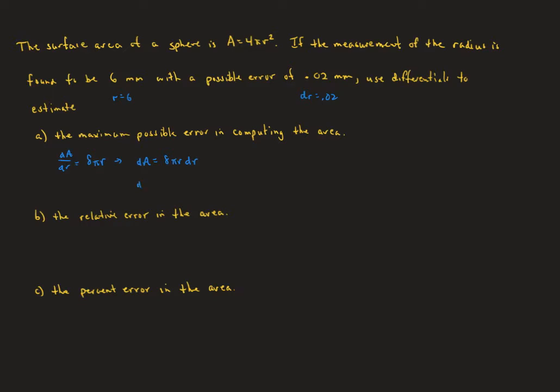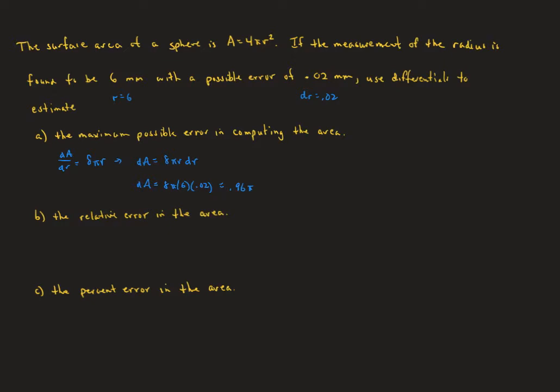So our dA is going to be 8 pi times 6 times 0.02. Six times 8 is 48, 2 times 48 is 96, with 2 decimal places is going to be 0.96 pi.